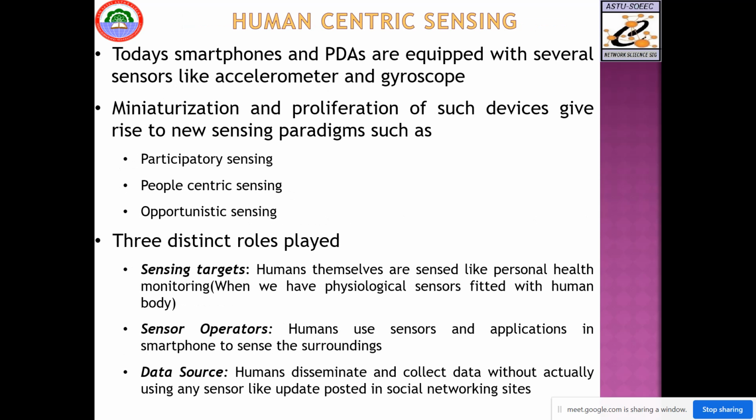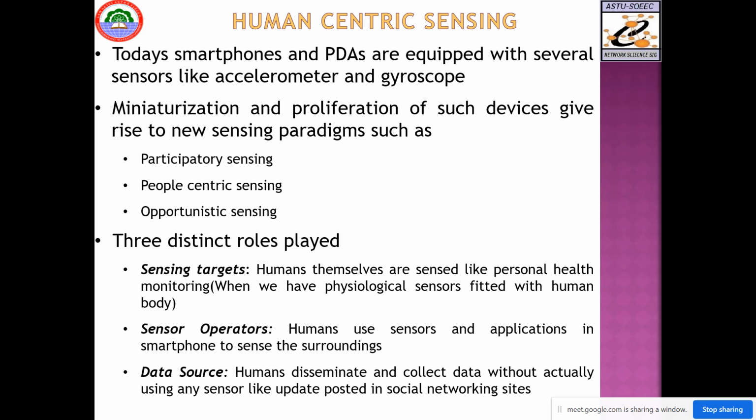When we come to human centric sensing, as we discussed, the human is going to sense the environment and the sensed data is going to be transferred from one location to another location. Again, this is divided into three categories, that is three ways.